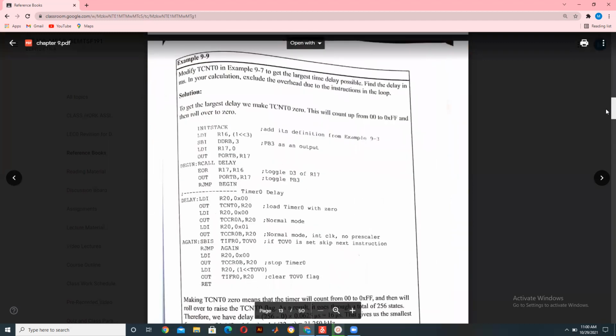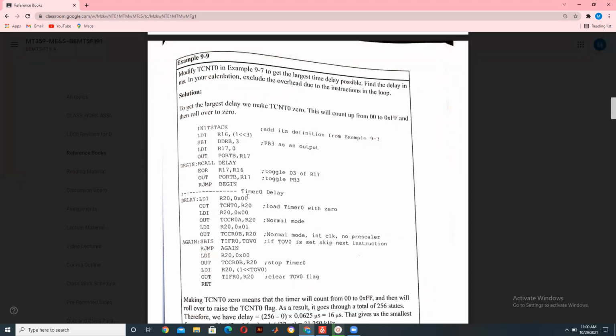Then example 9.3: to get the largest time delay possible, find the delay in your calculations and exclude the overhead due to instructions in the loop. The code would be the same, but first we would load R20 with 0x00, so we would load timer 0 with 0.